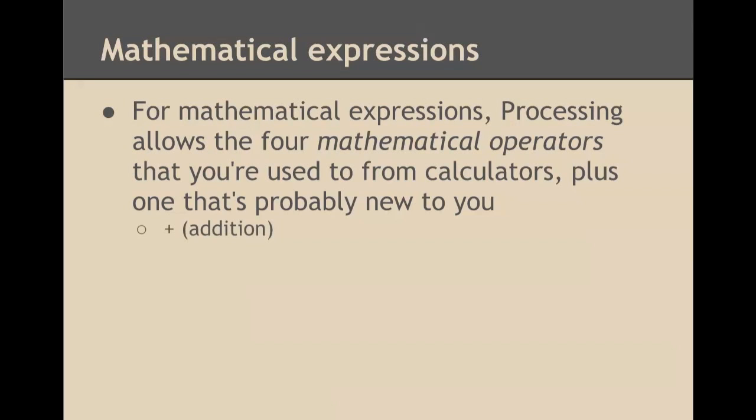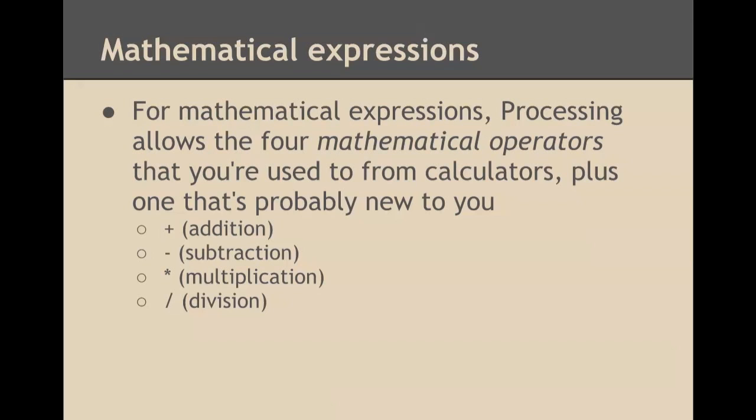Okay, we've got addition, which we use the plus sign for, subtraction, minus sign. Multiplication, now when we do multiplication in programming, we generally use the asterisk or the star to indicate multiplication rather than an X, so we don't get it confused with the letter X. Then we have division, which we represent by a forward slash, or the lowercase of the question mark key.